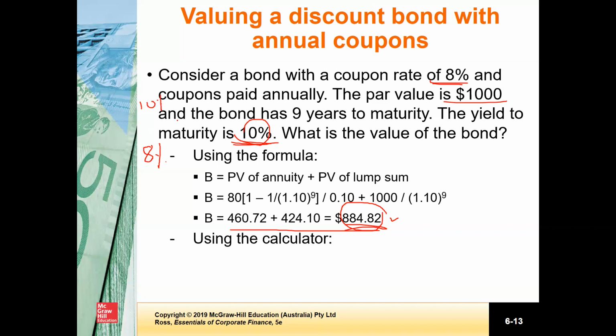Premium means at a price higher than the par value. Why? Because your required rate of return is 8%, for example. You want to earn 8%. However, the bond offers you a coupon rate of 10%. So you will be willing to buy this bond at a price higher than the par value because it is paying you higher than what you require.